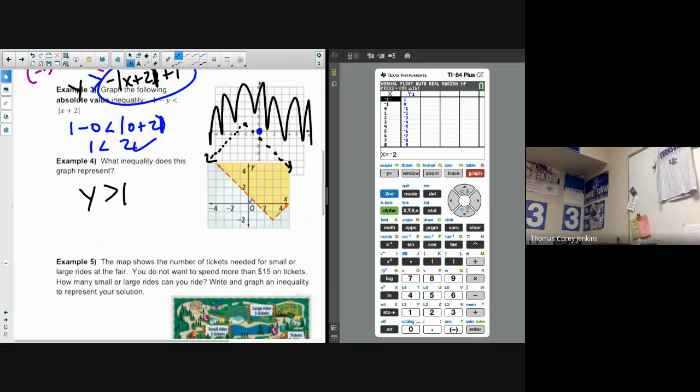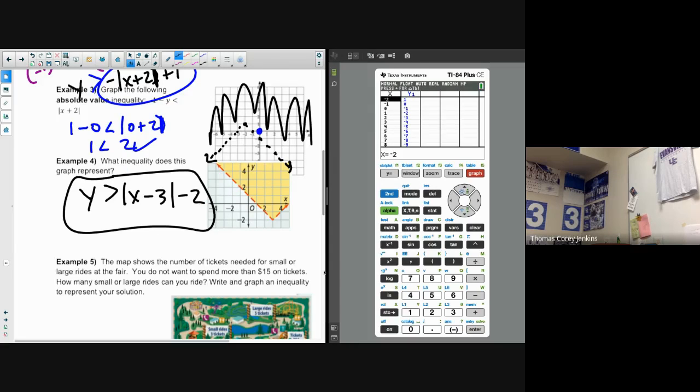So from our original parent function, we moved our vertex 3 to the right, so to do that, that would be the absolute value of x minus 3. And then 2 down, so then minus 2. All right, so that's kind of your thought process there. And remember, you can always punch it in to check.